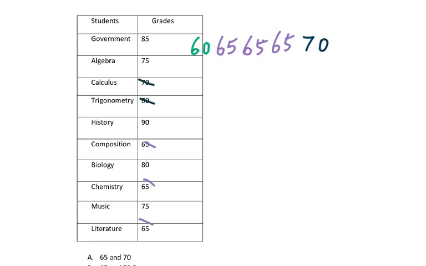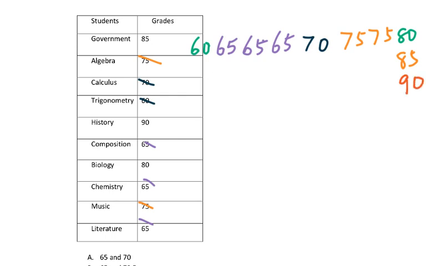Then I have 75. I have 80. One is 85. So the count should be 10. 1, 2, 3, 4, 5, 6, 7, 8, 9. Oh, we forgot 90. Yeah, this is 90 here.